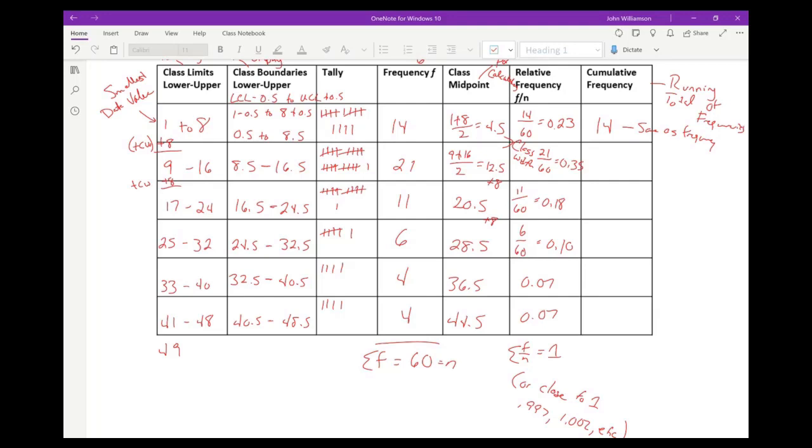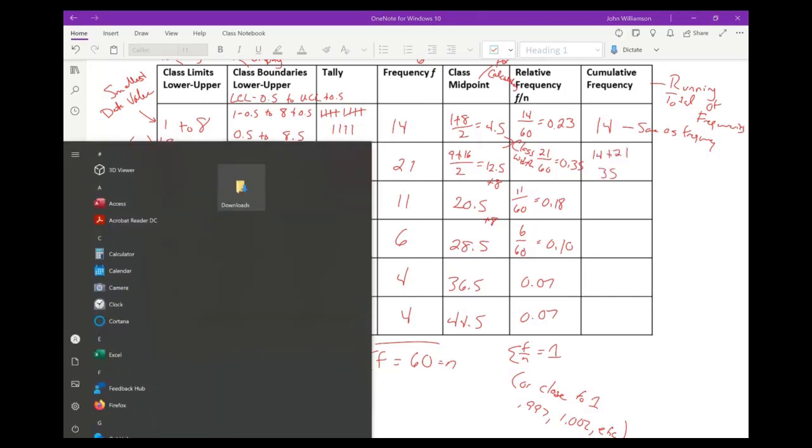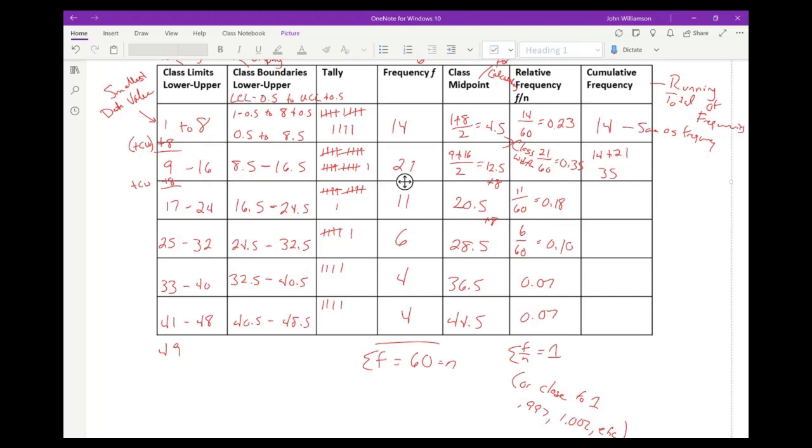So now we go down. Our next one, well, we want the running total, so we're going to add the 21 to the 14. So that's going to give us the 35. So at that point, we've gone through 35 of our data values. Then for our next one, same idea. We're going to add the 11 to the 21 and the 14.